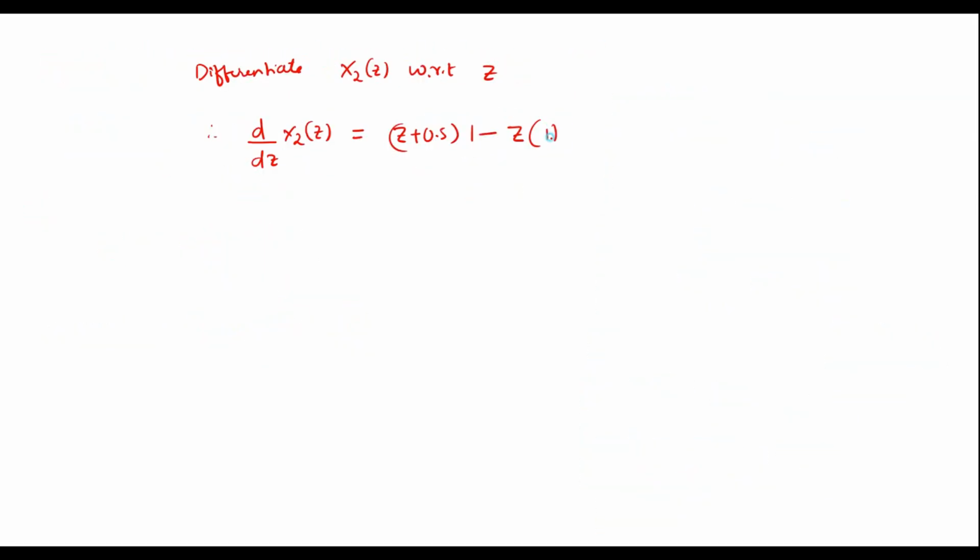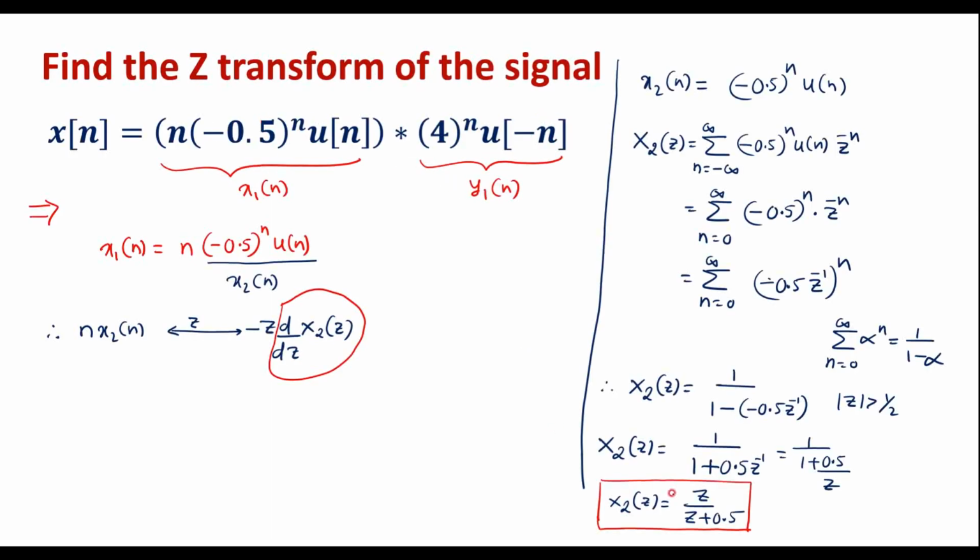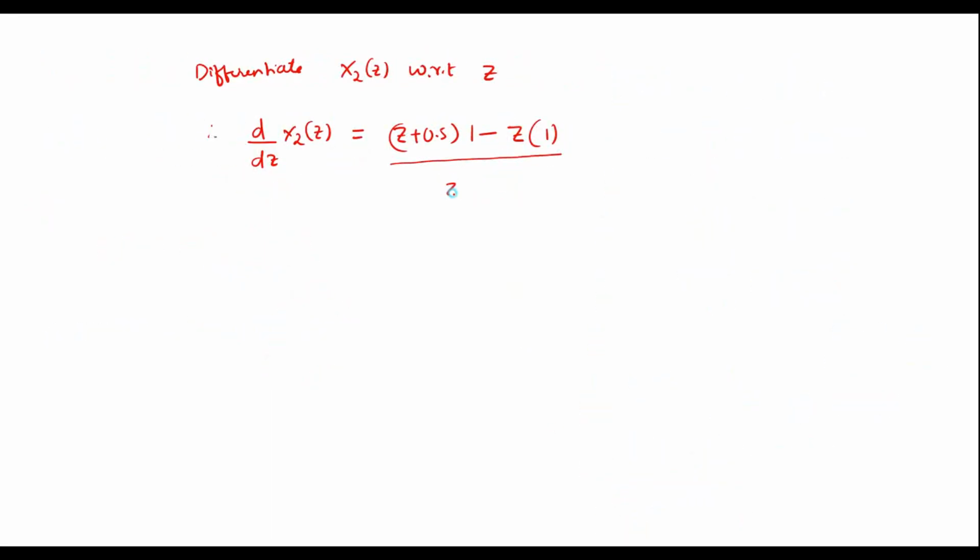That is 1 divided by z plus 0.5 square. So simplifying this, I can write z plus 0.5 minus z divided by z plus 0.5 square, or it is equal to 0.5 divided by z plus 0.5 square.